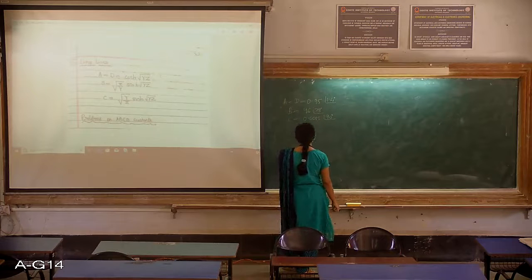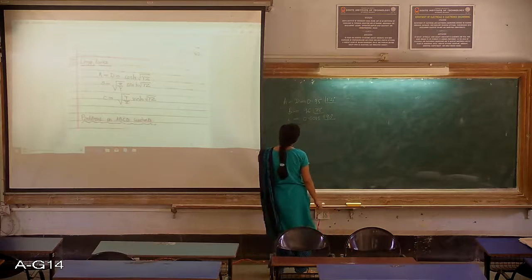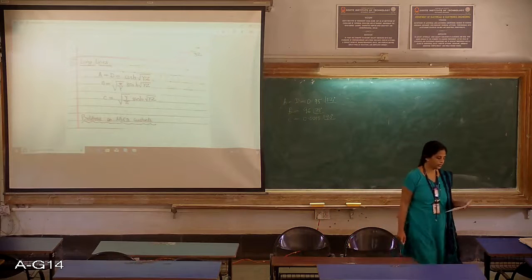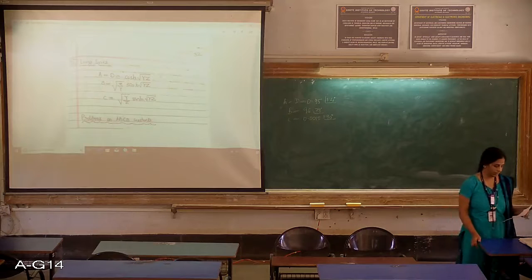Find the regulation of the line and charging current. Use nominal T method.